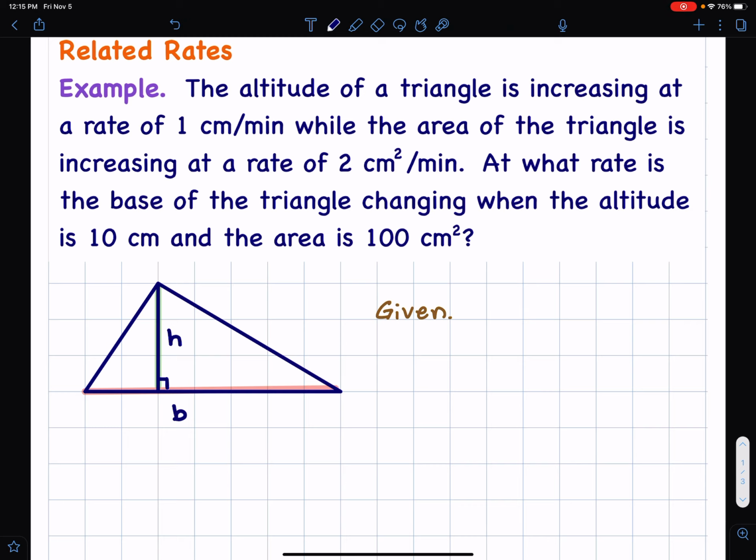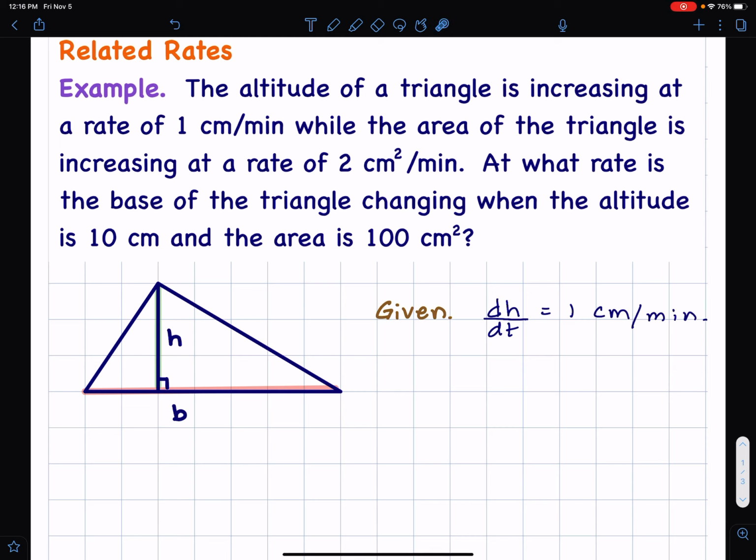The altitude of a triangle is increasing at a rate of 1 centimeter per minute. So that given means that the altitude h is changing at 1 centimeter per minute. And what I do is I put this in calculus language.